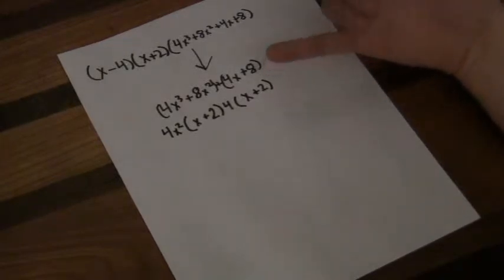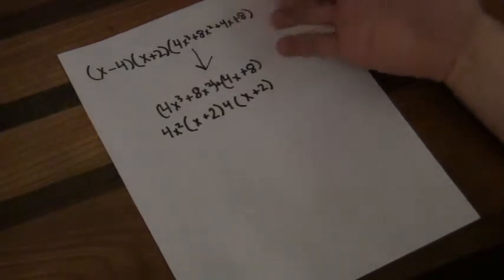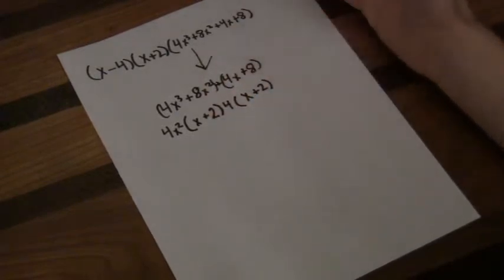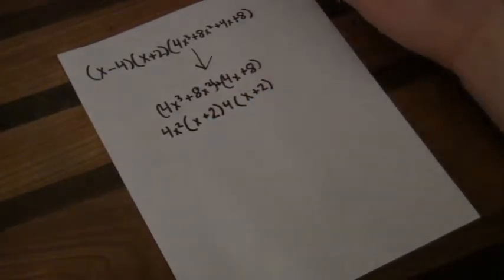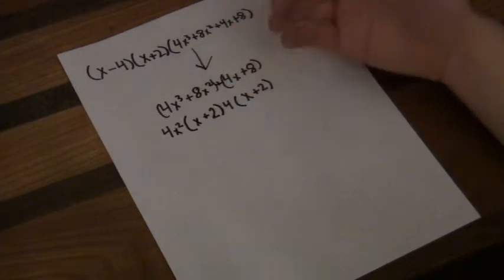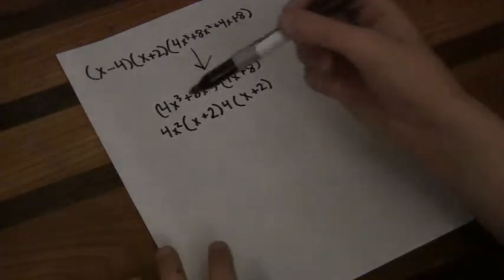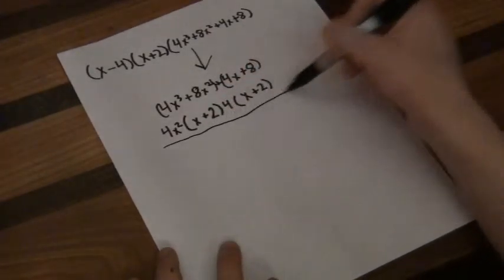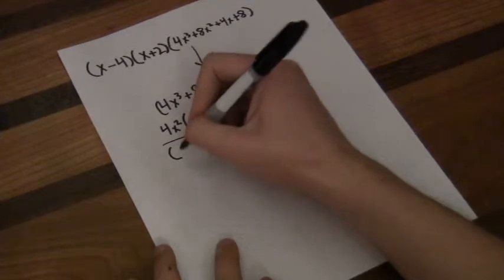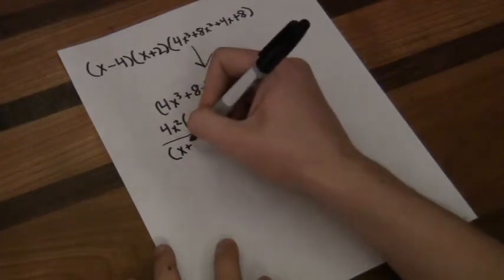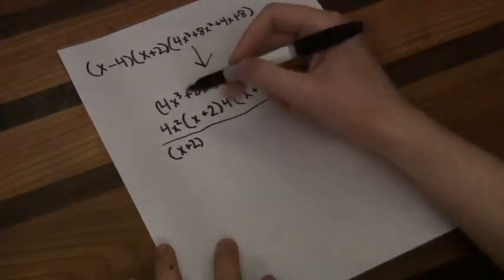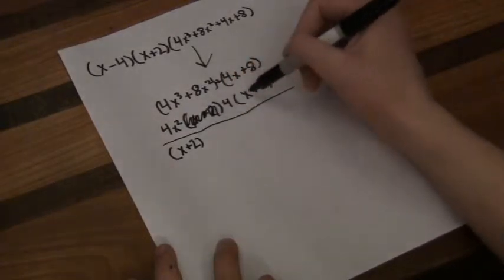You want to think that you're taking out 2 x plus 2's, but you're really not. You're basically just taking that 1 x plus 2 out of this. So really what you're left with is x plus 2, which gets rid of this and this.